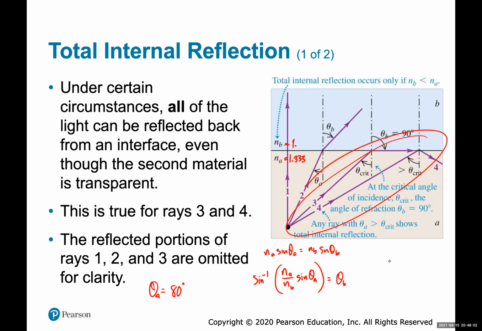What is theta B? NA is 1.333 divided by 1 times the sine of 80 degrees. Make sure I'm in degrees. Take the inverse sine of that. And my calculator says error.